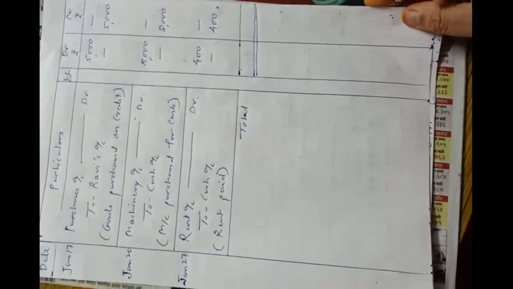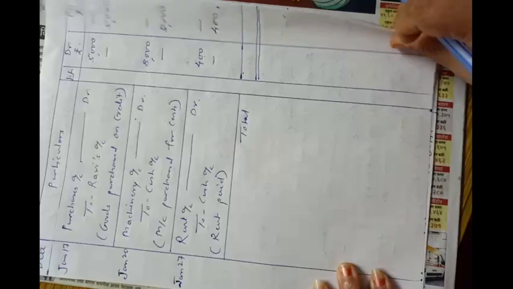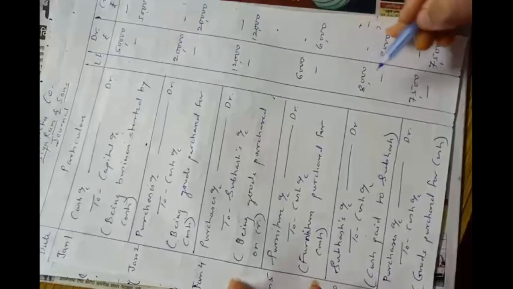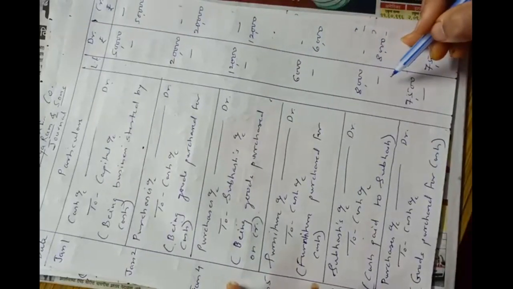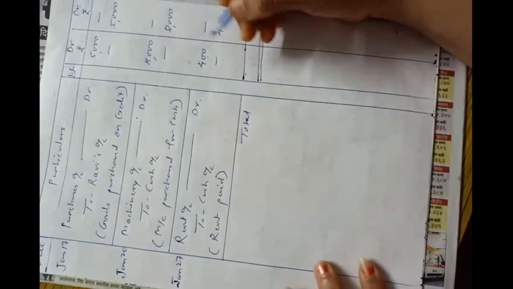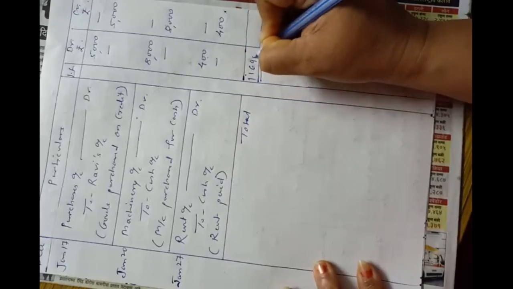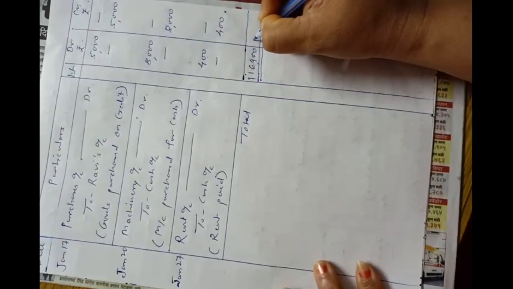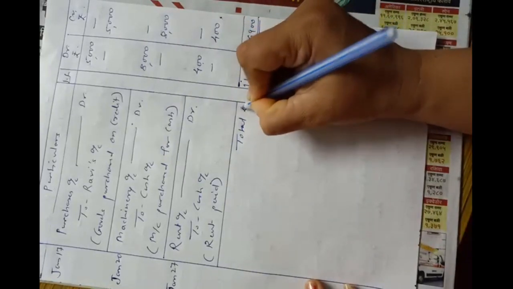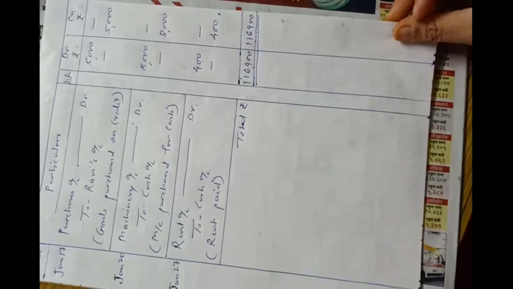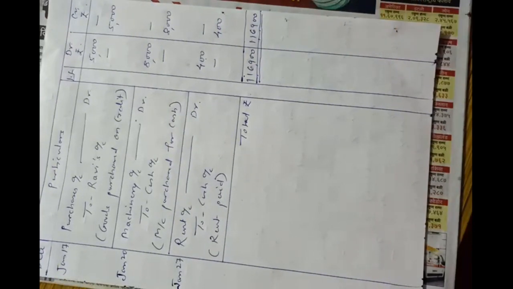Okay, so let's add. The total is 1,16,900, and same total of credit column 1,16,900. Okay, in this way we will pass journal entries in journal. That's all.